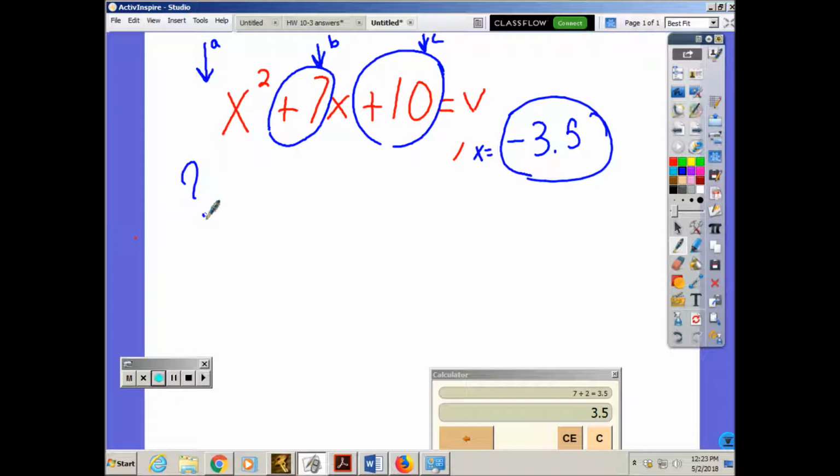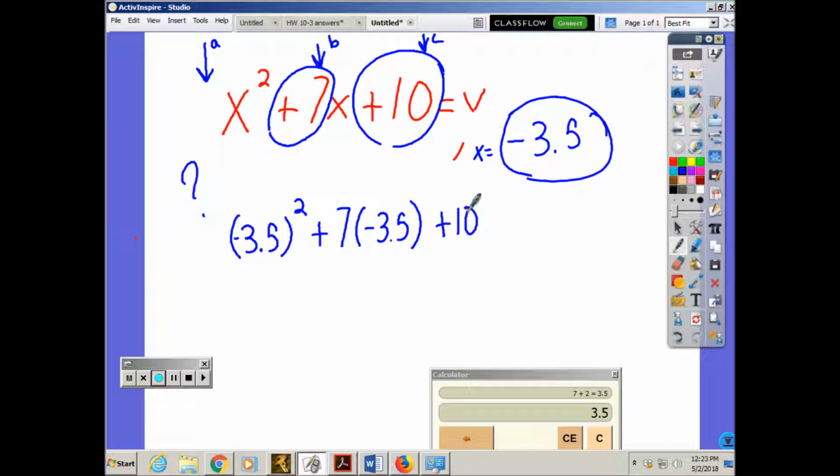So now for the vertex, you need to take what you got for the axis of symmetry and plug it in for x in the original equation. So the original equation was x squared plus 7x plus 10. So now you have to do negative 3.5 squared plus 7 times negative 3.5 plus 10.